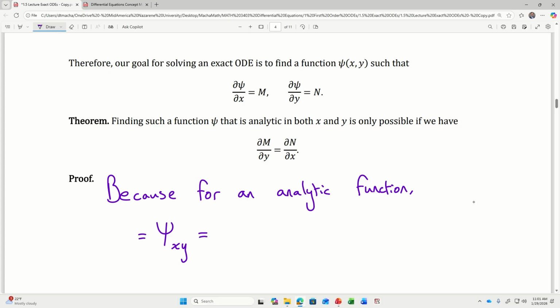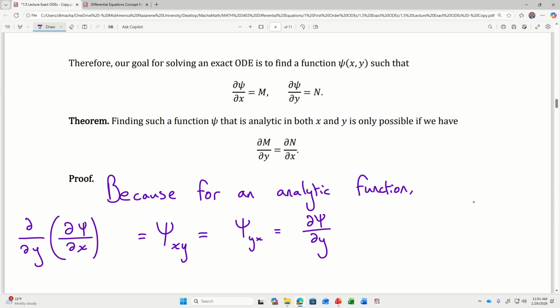which means I take the partial derivative of psi with respect to x and then take the partial derivative of that with respect to y, that's equal to what I would get if I take the partial of psi with respect to y and then take the partial of that with respect to x.